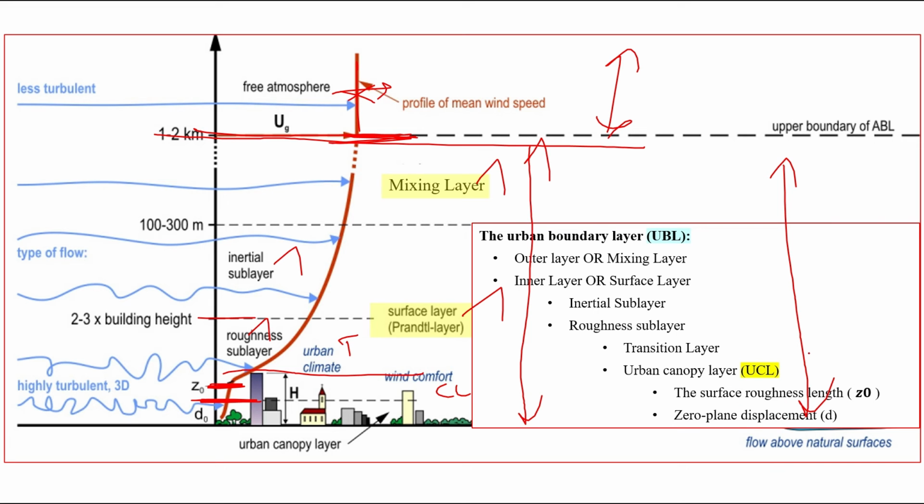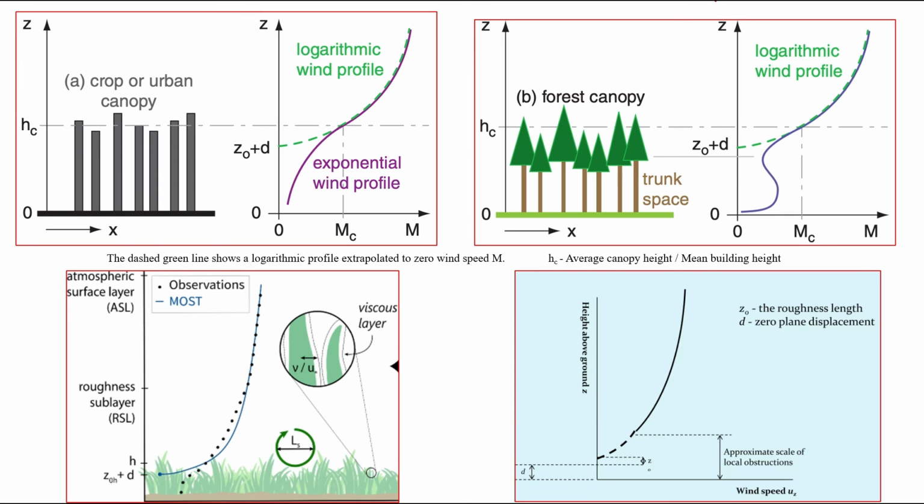Here they mention different terrains. This may be the urban region, this may be the forest, this is the grassland, etc. Within the surface roughness, what we have discussed is the transition layer and the urban canopy layer.